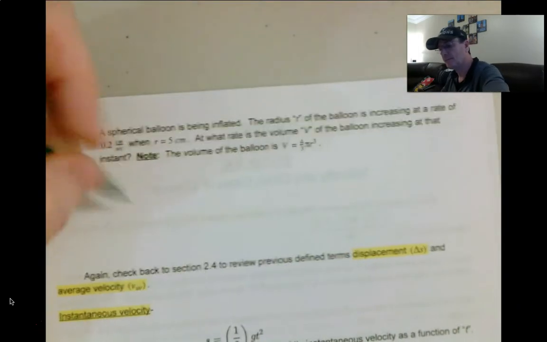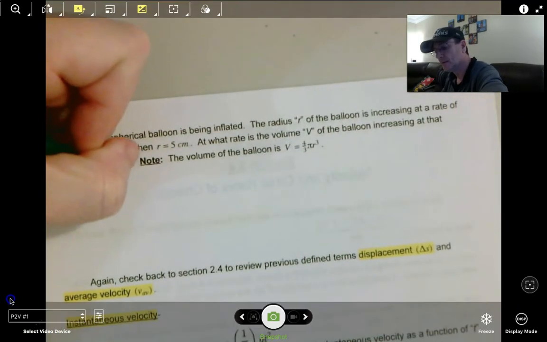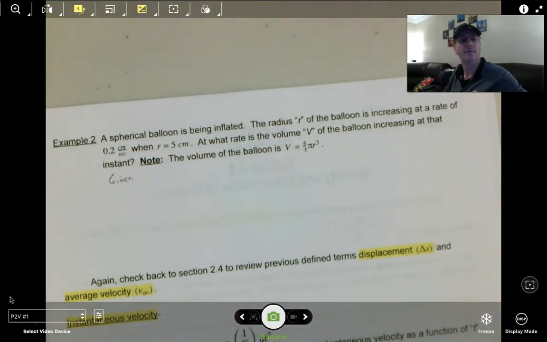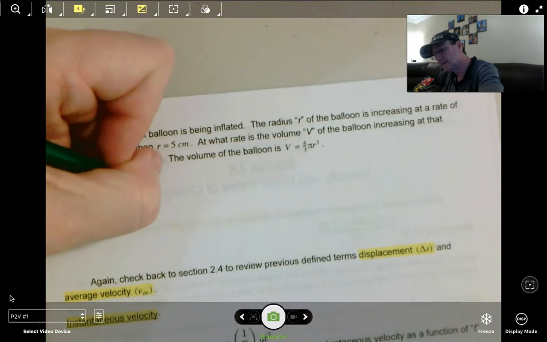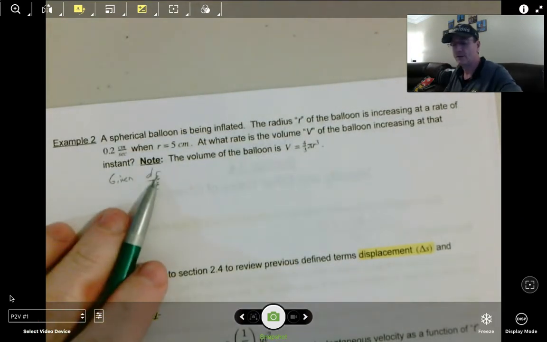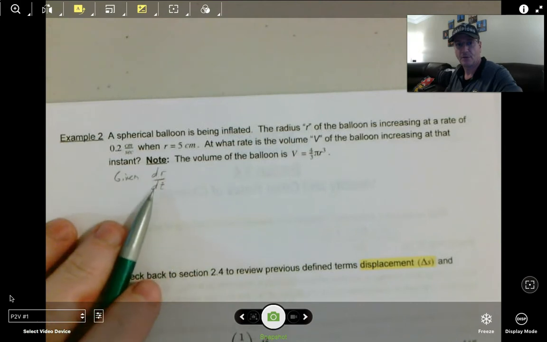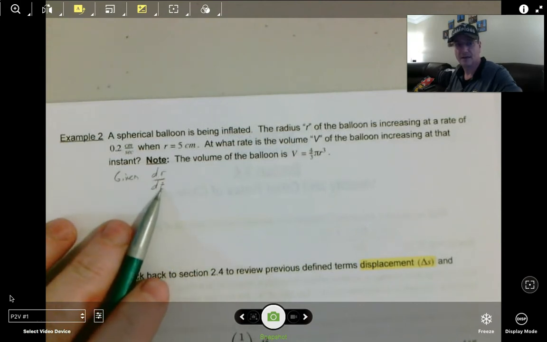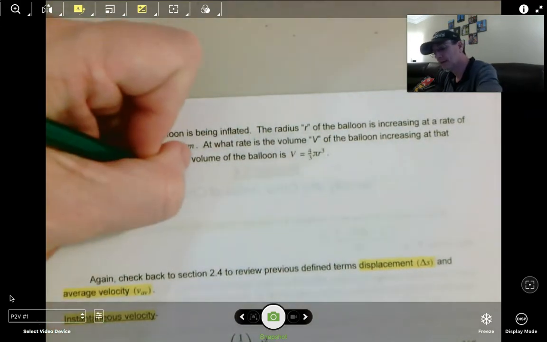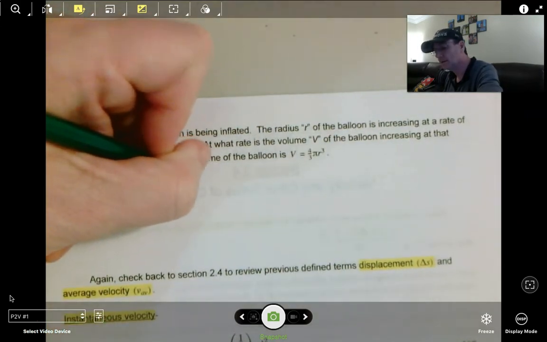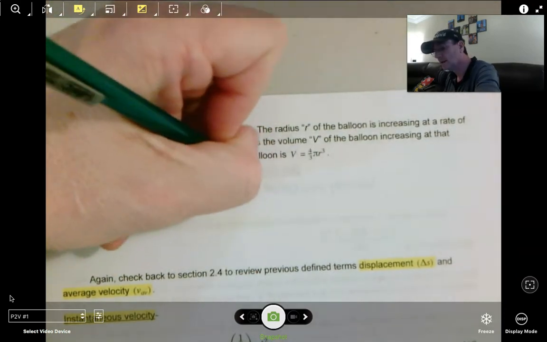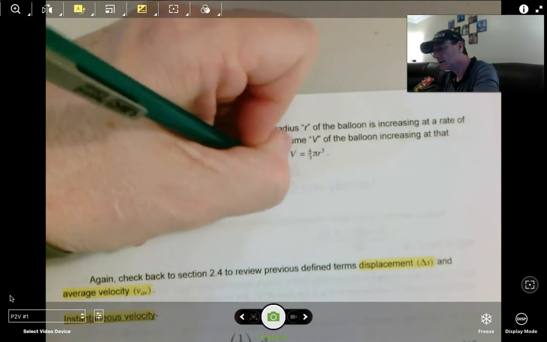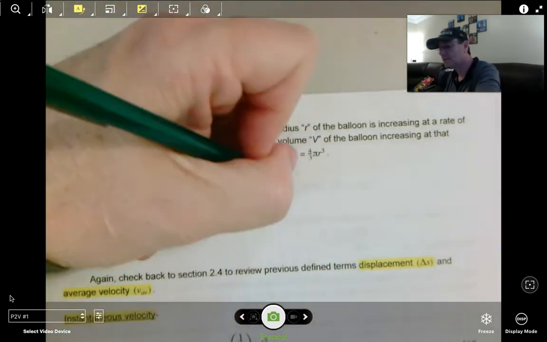Alright, what is it that we're given? We're given dr/dt, the rate at which the radius is changing with respect to time, and that is 0.2 centimeters per second when r equals 5 centimeters.